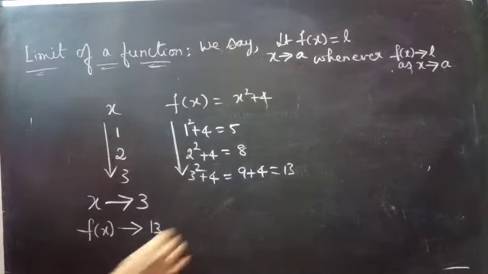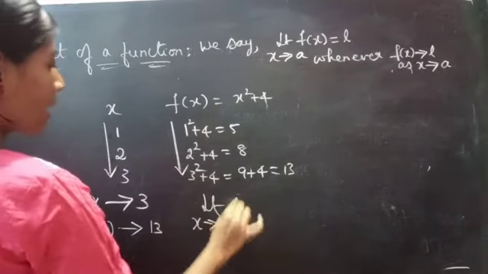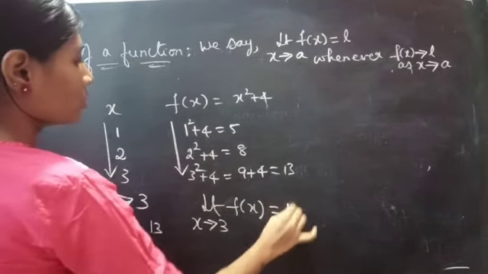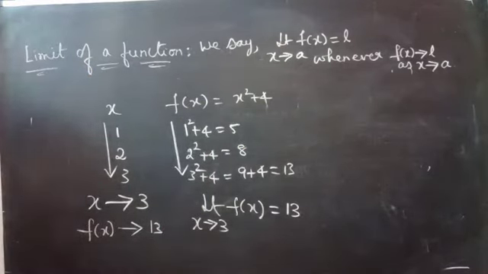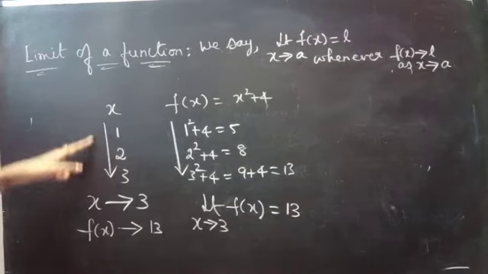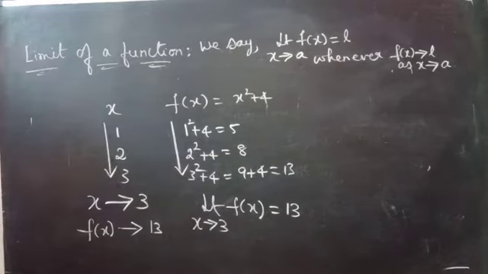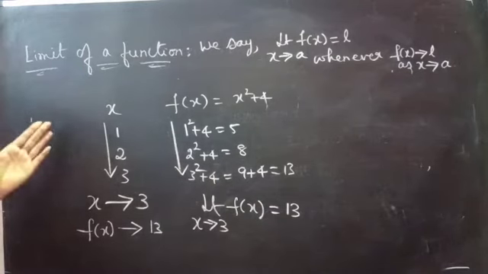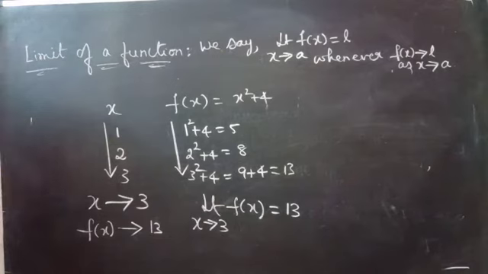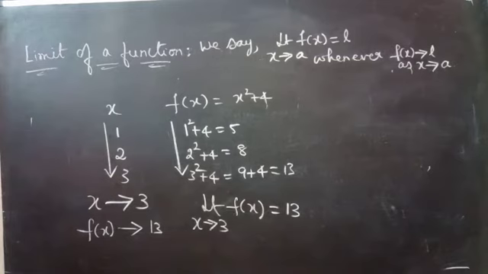So we can write it as limit x tends to 3, f of x equals 13. Here our function is x square plus 4. Suppose they may ask when you get 13 for f of x, when you take values of x as 1, 2, 3 and so on. So this is an example.